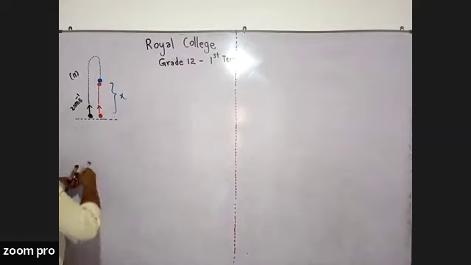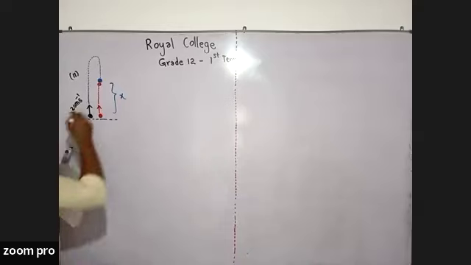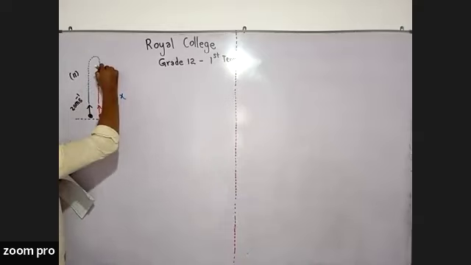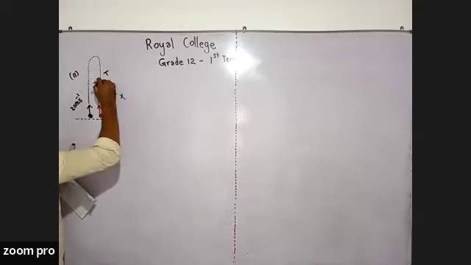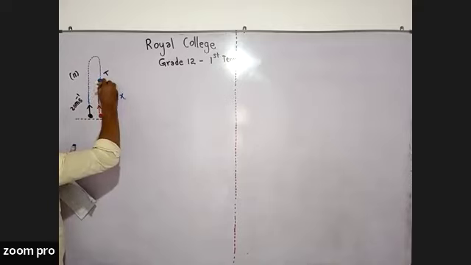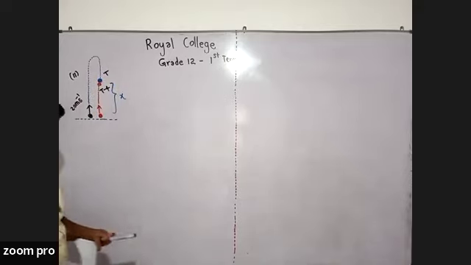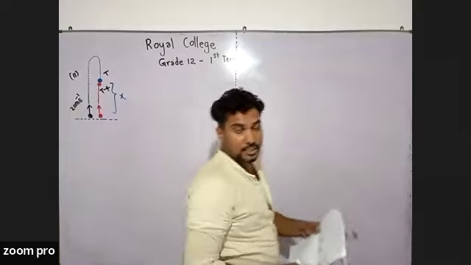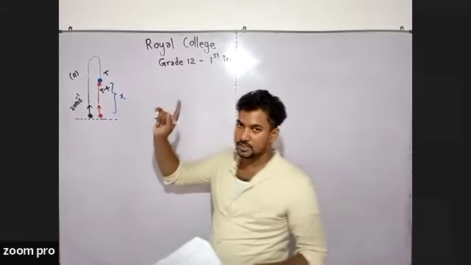So if the time traveled by the first object is t, then the time traveled by the second object should be less than that by 4 seconds, isn't it? So it should be t minus 4.